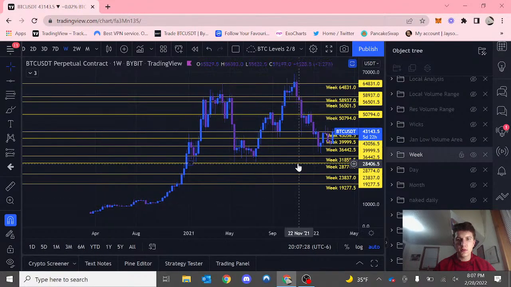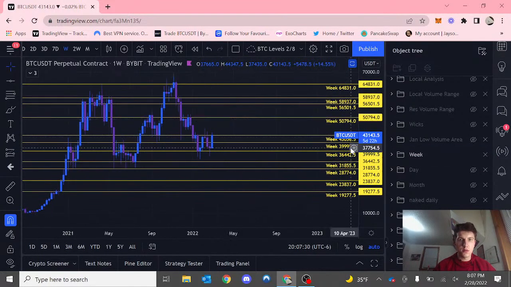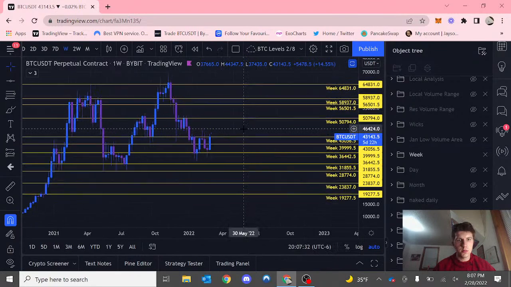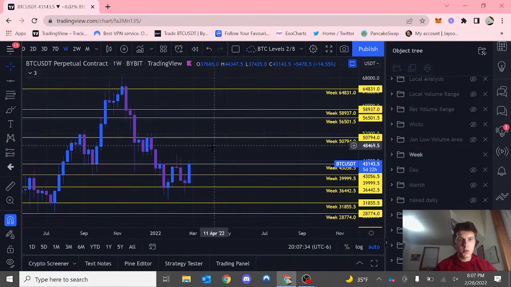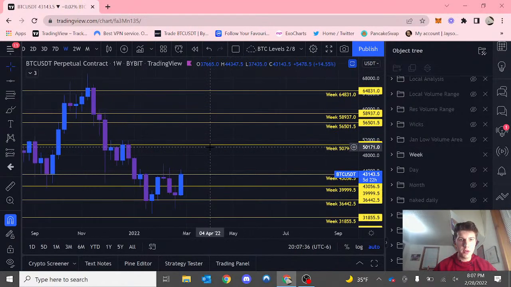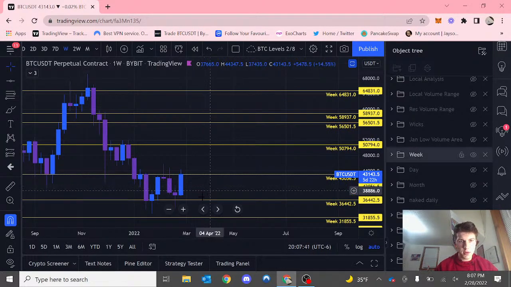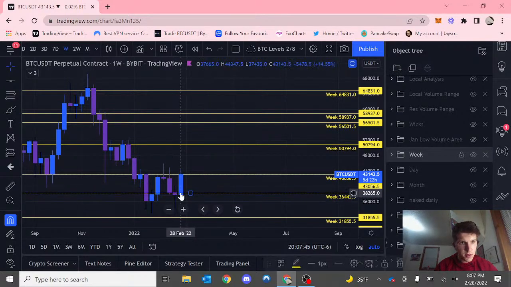Alright, zoom in here. We're right at a weekly right now. This we can get rid of. Can probably just move this weekly up.